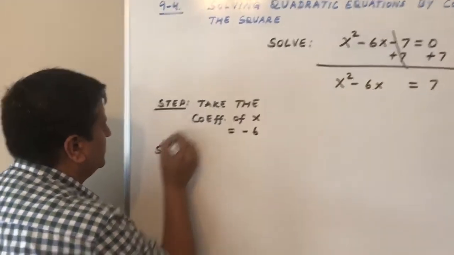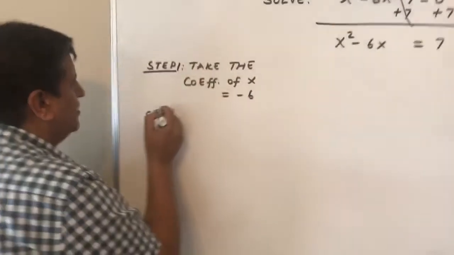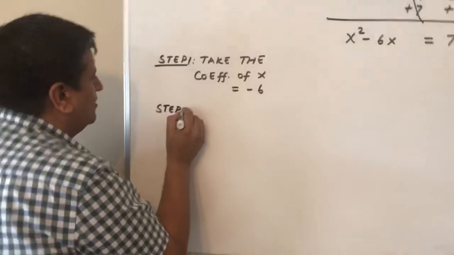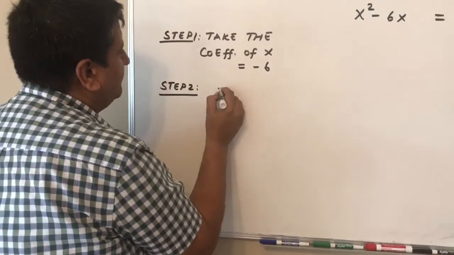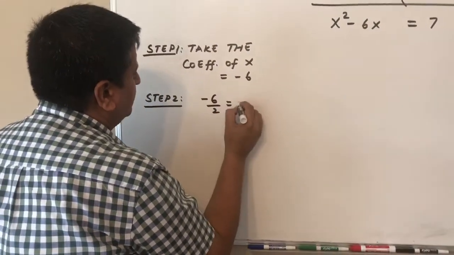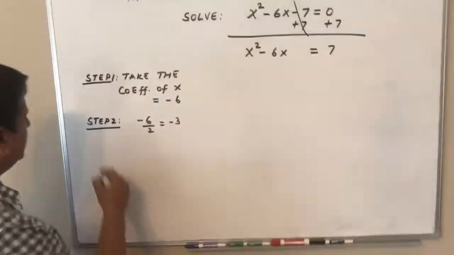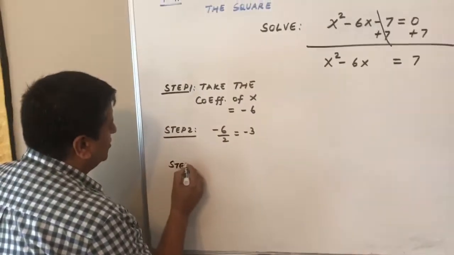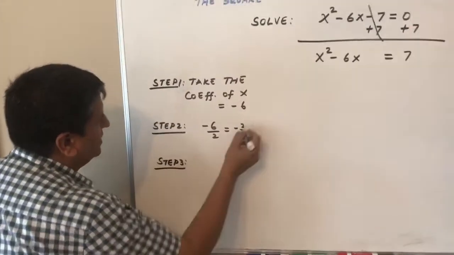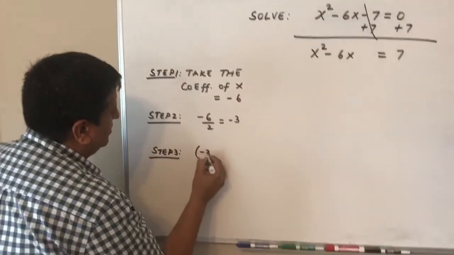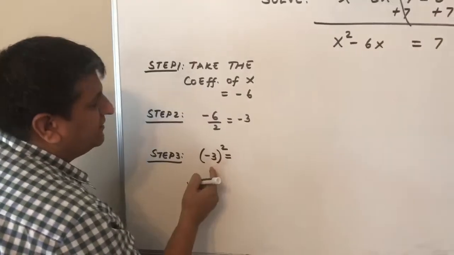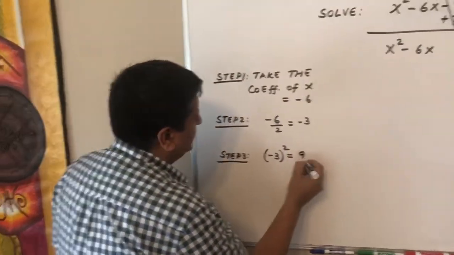We are going to half it. So take the coefficient of x, half it, and the next step is you're going to square this number. Now -3 times -3 is +9.